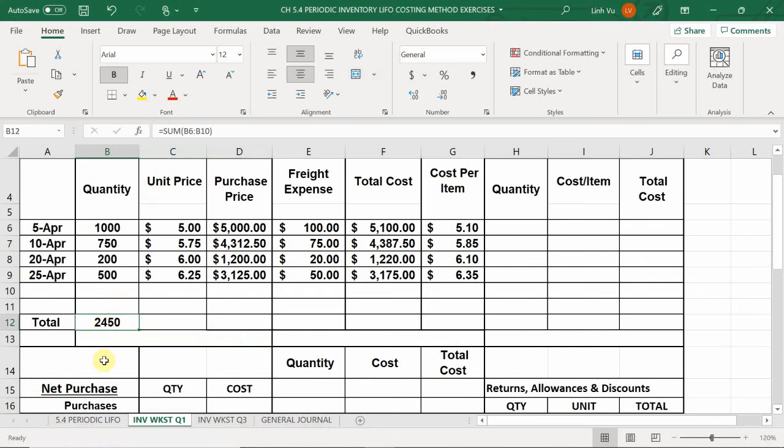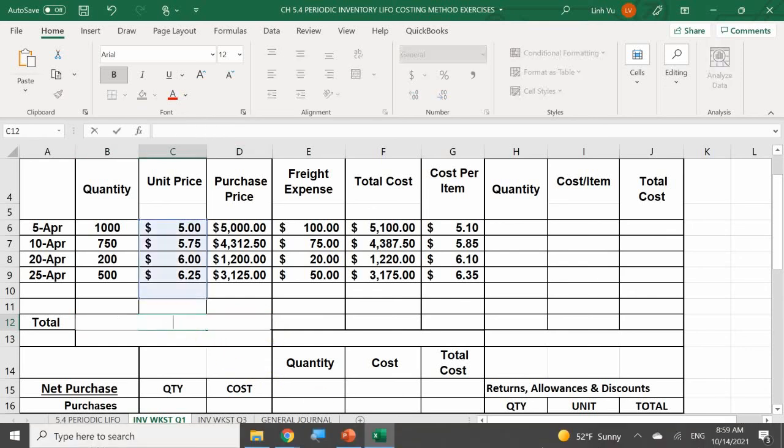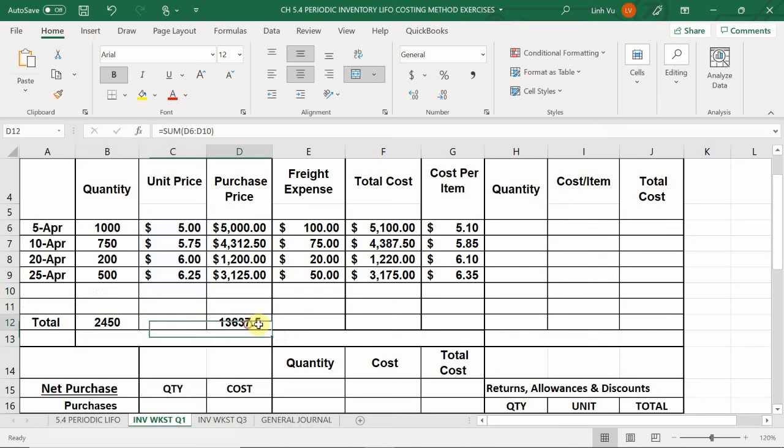What's my total purchase price? $13,637.50. Good.